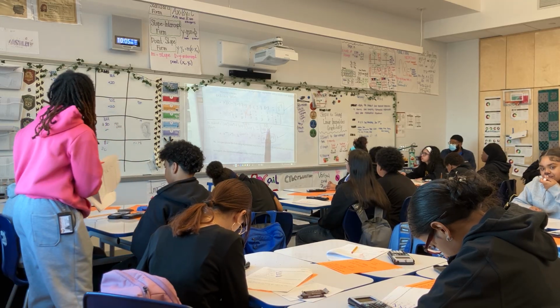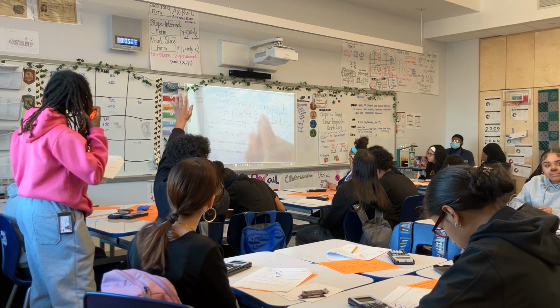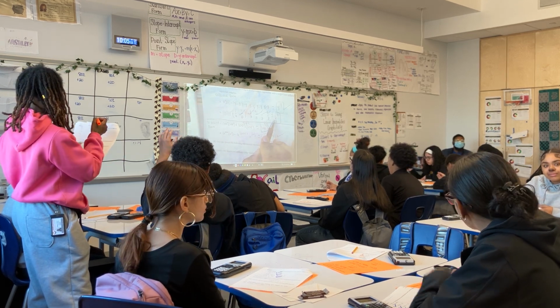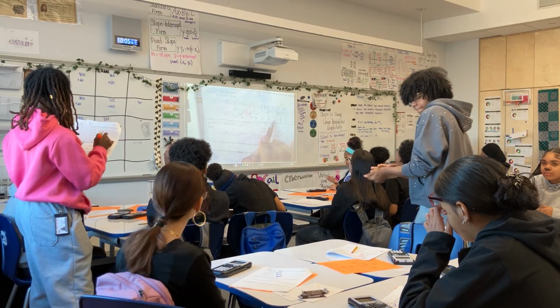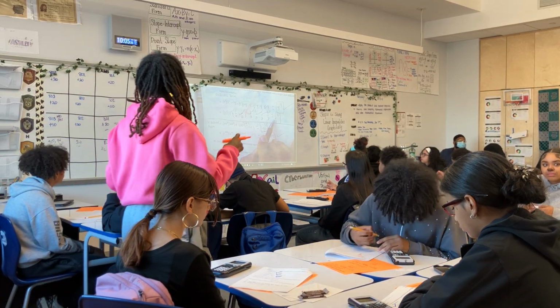I love the expansion, looks good. What's wrong with B? Look at her answer for B. We're looking at the board for the answer B, just like Emma is. What feedback would you give to a student like this? Yamika?